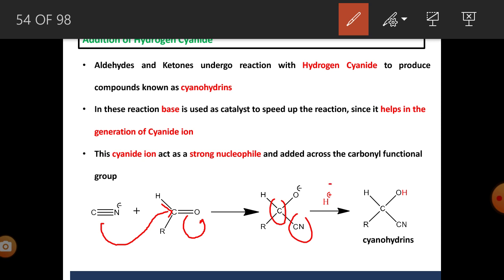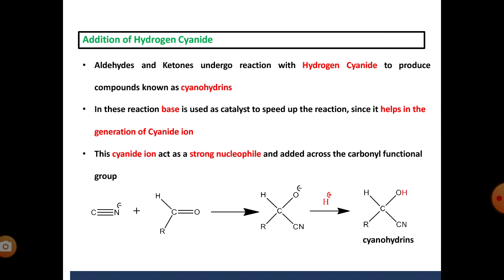Now H plus ions, which are present in solution, attack the electron rich oxygen and it converts into cyanohydrin. So this is the mechanism and it is named addition of hydrogen cyanide. Sometimes there is a requirement of base to speed up the reaction.